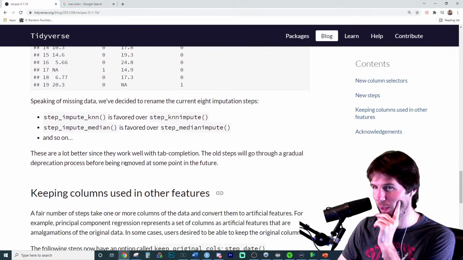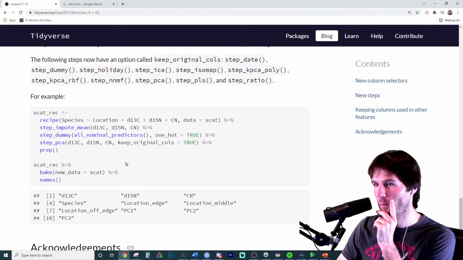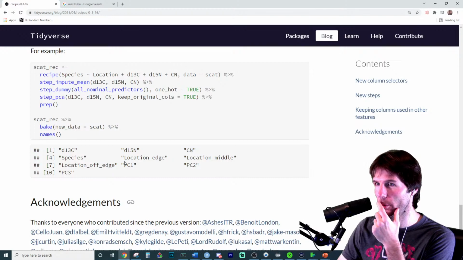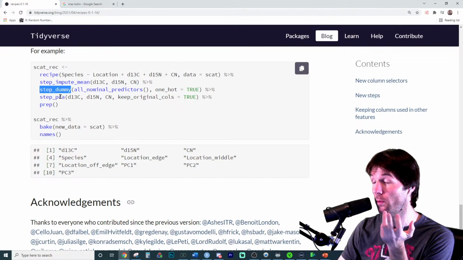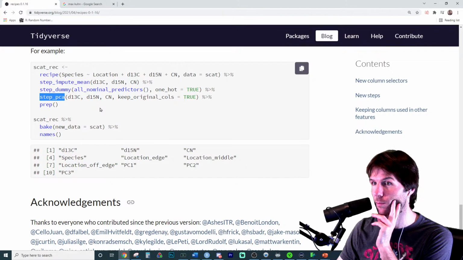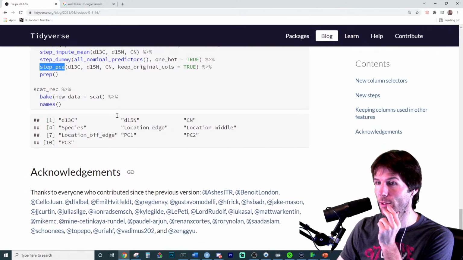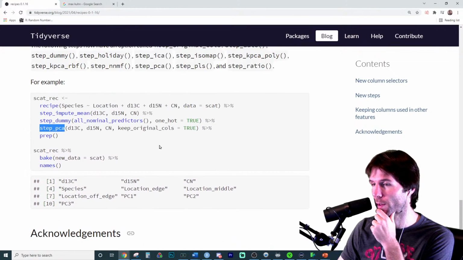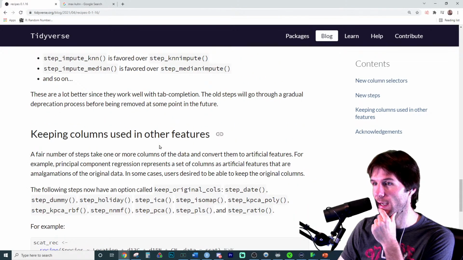So doing all this right here, making the recipe. Yeah, and they're piping it all through dplyr. So they have these steps right here to remove all things. They're doing a principal component analysis right here. And then getting the principal components. So doing a PCA right here.